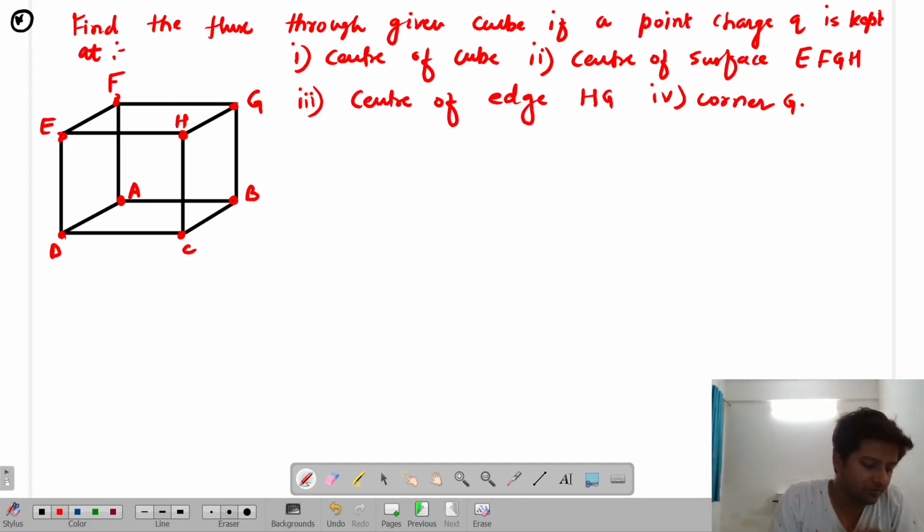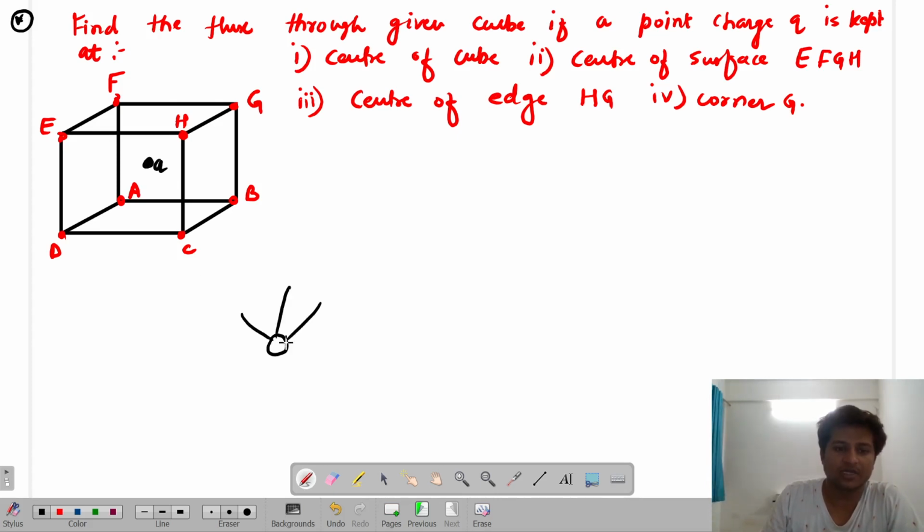What happens if I place the charge at the center of the cube? First case, we place it over here. For this charge, the electric field will be spread in three-dimensional space, right?